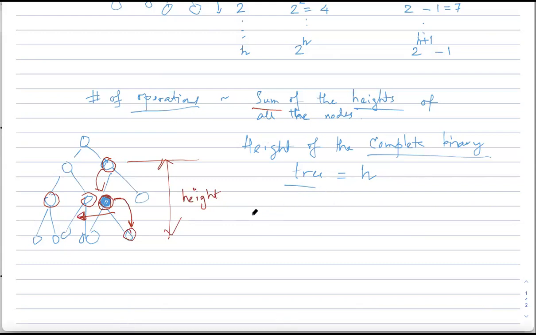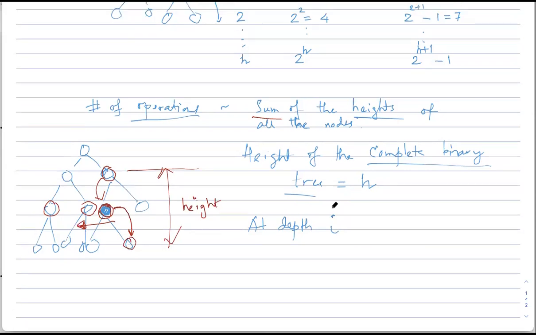So how many nodes are going to be there at depth i? So depth i is from the top. Two to the i plus 1 minus 1.